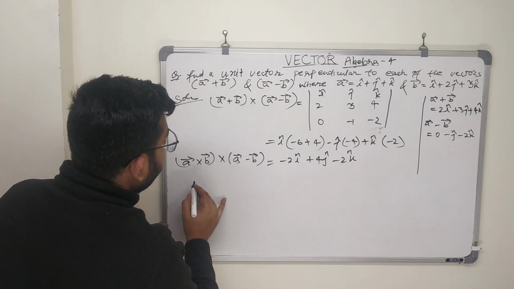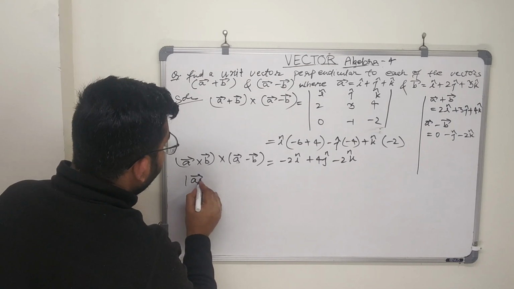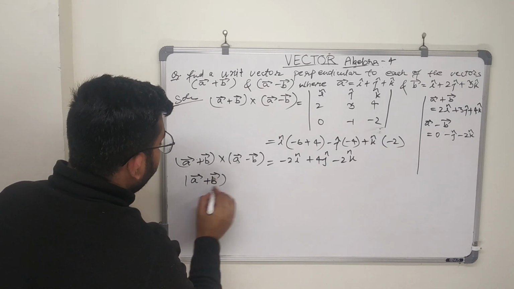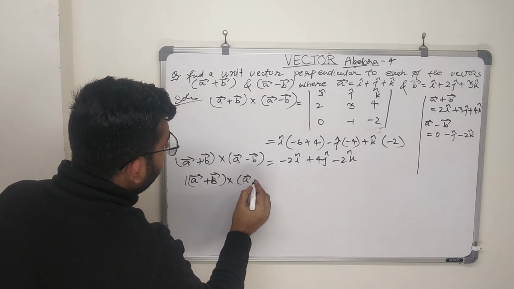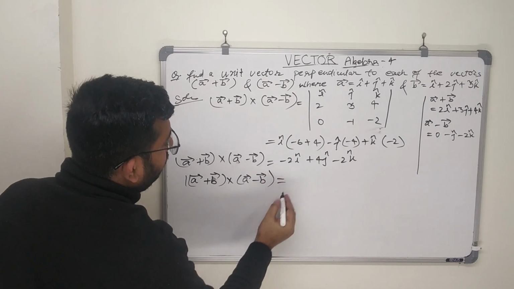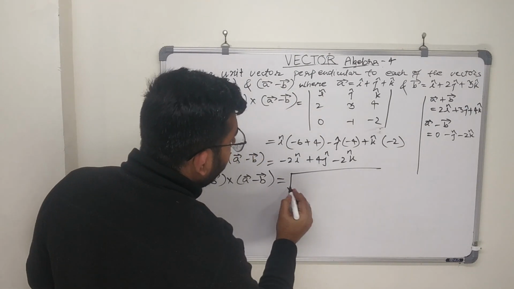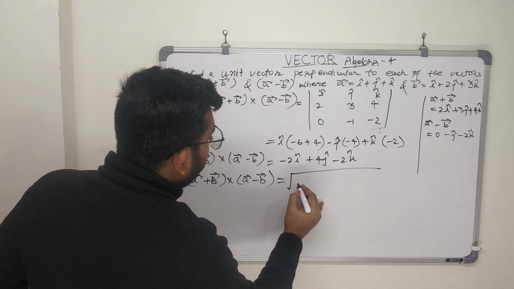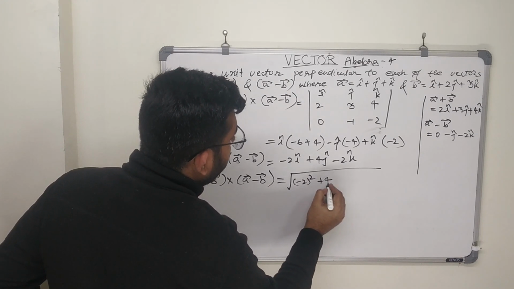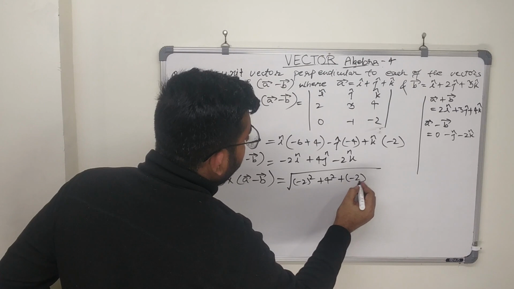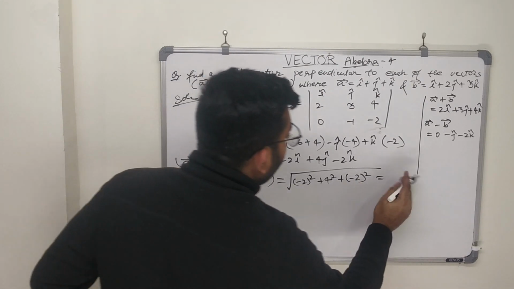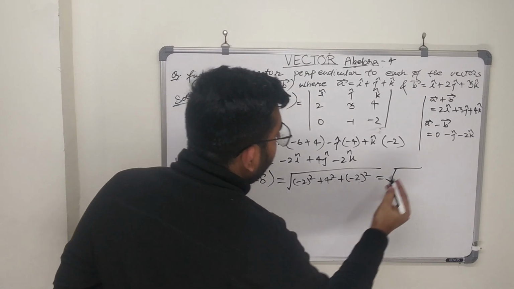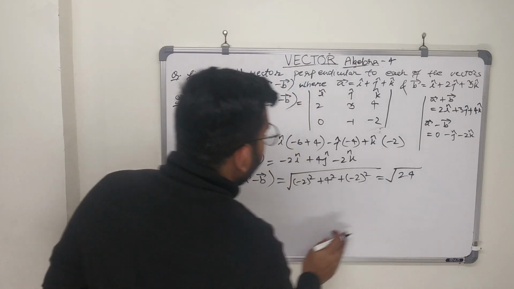The magnitude of (a vector plus b vector) cross (a vector minus b vector) will be equal to the square root of the squares of the scalar terms of this vector, that is minus 2 square plus 4 square plus minus 2 square. So this will be equal to the square root of 4 plus 16 plus 4, that is equal to root 24.